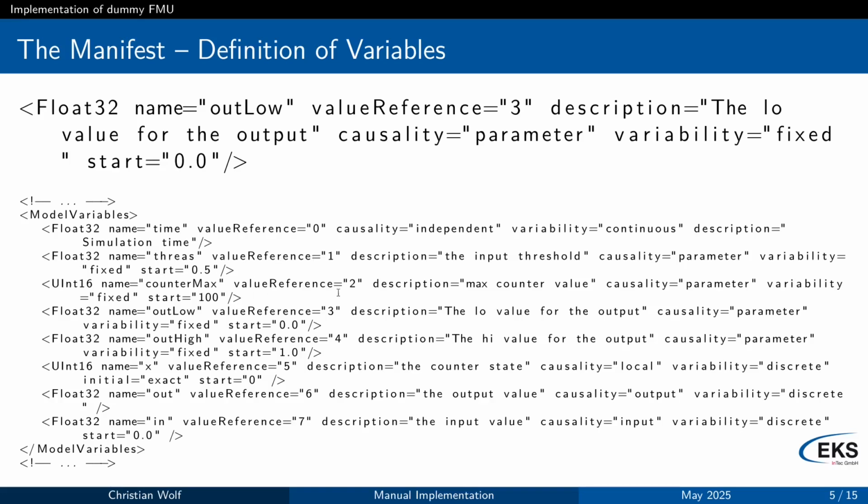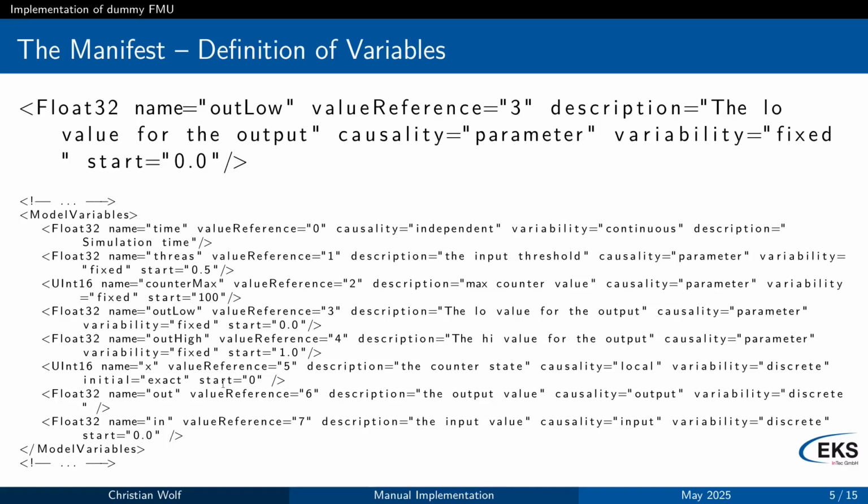The counter max is variable 2. And there are 4 parameters. Out low and out high are y0 and y1, and these are the value references 3 and 4. All these are fixed parameters because you can define them in the simulation environment and all is fine.